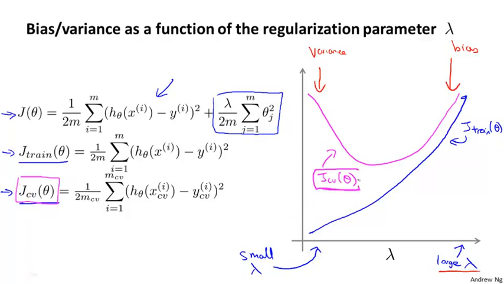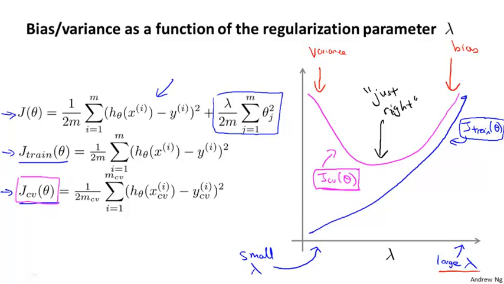And so this is what the cross-validation error and what the training error may look like on a training set as we vary the regularization parameter lambda. And once again, it will often be some intermediate value of lambda that is quote just right, or that works best in terms of having a small cross-validation error or a small test set error.